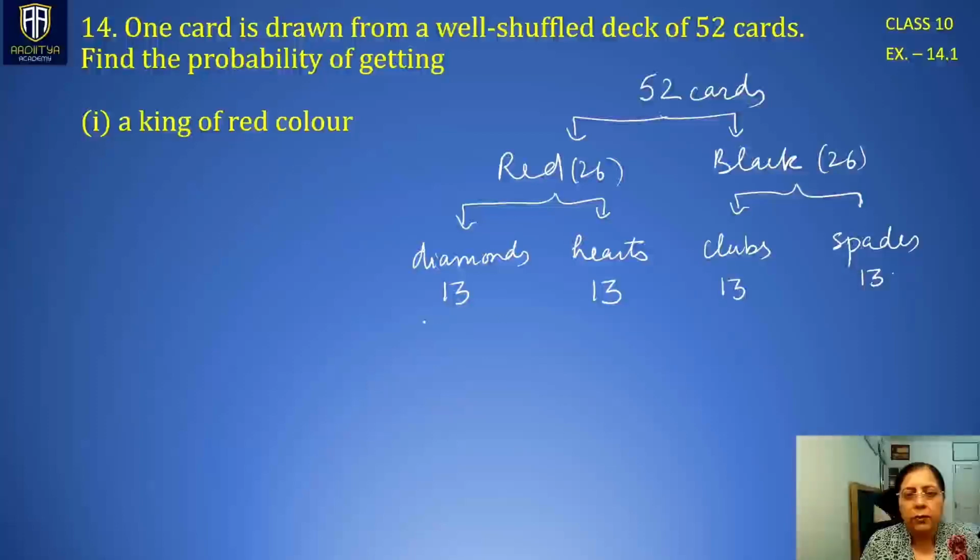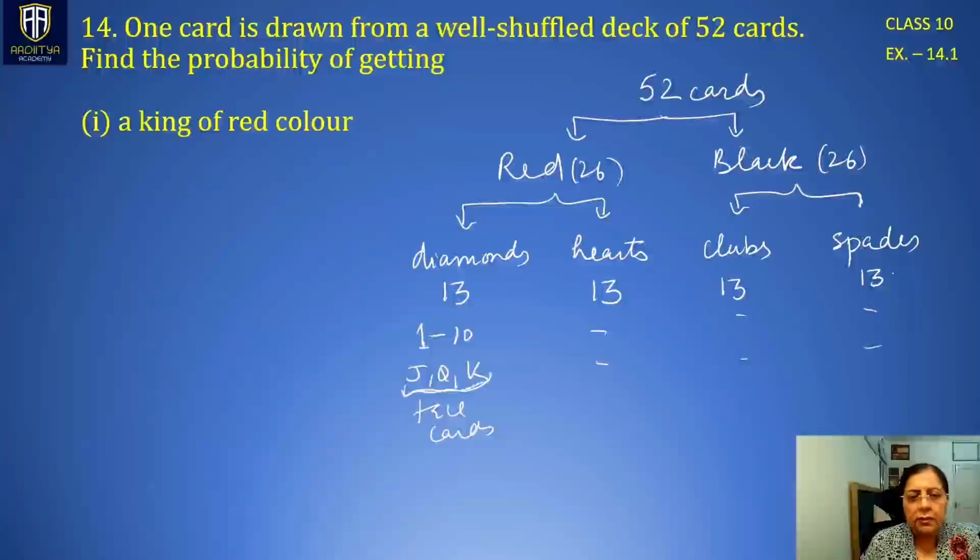These 13 cards are from 1 to 10, numbered cards, where 1 is ace and 2 to 10 are numbered cards. And after that we have J, Q, K in all the 4 suits. So these J, Q, K are called face cards.